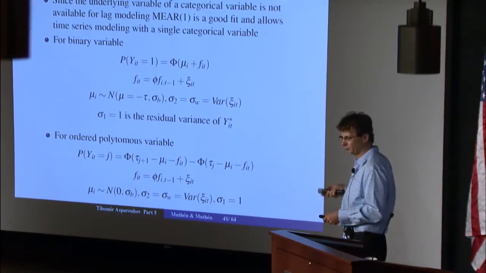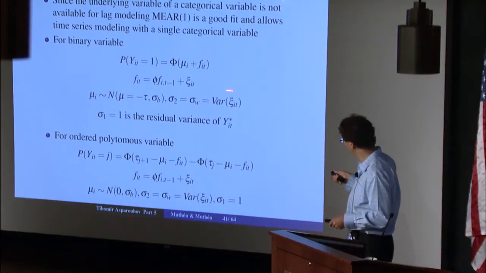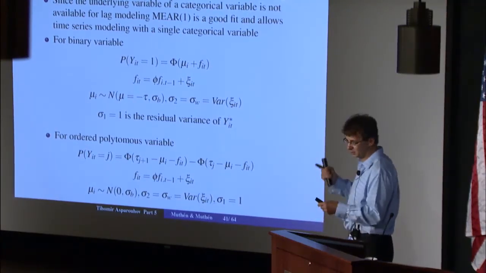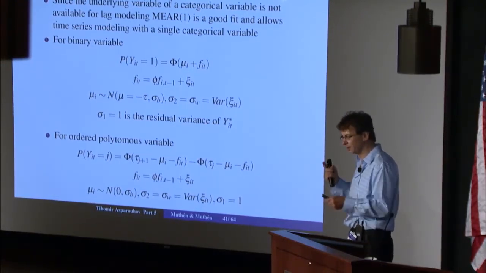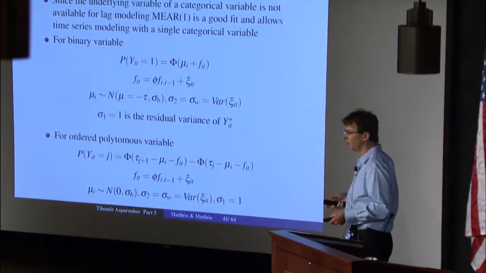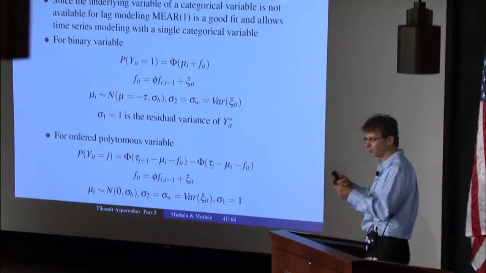But what I'm going to talk about here is using time series models with just one categorical variable. So univariate, and this actually turns out to be harder, because with one categorical variable you cannot measure the latent variable very well. It's a more unstable measurement model, but it's still possible to do that via the MEAR1 framework.